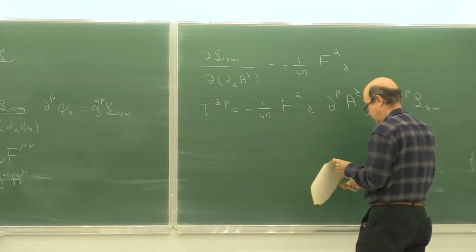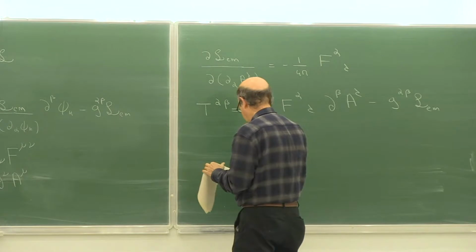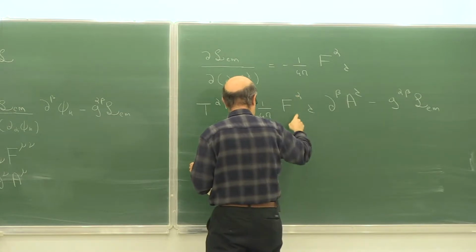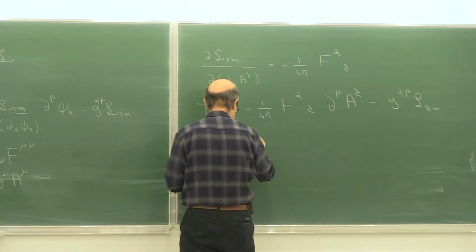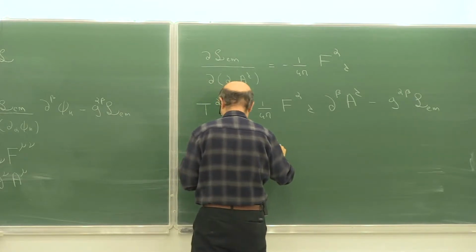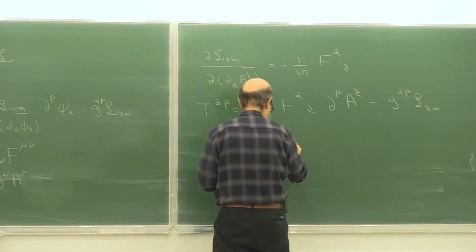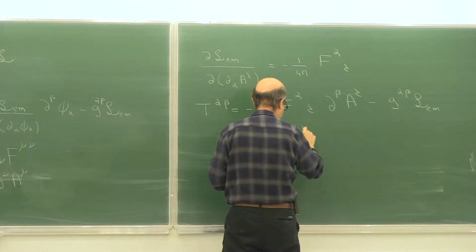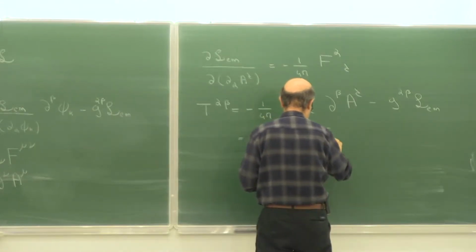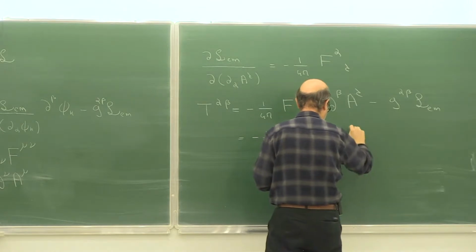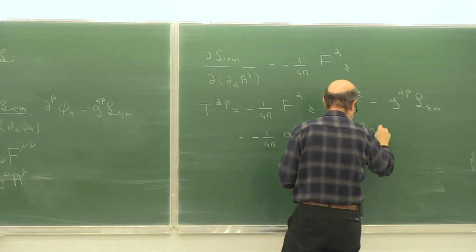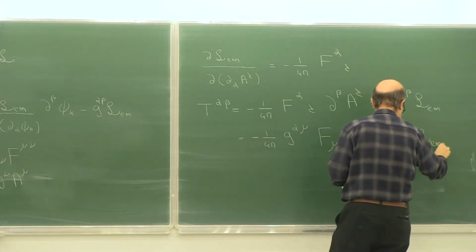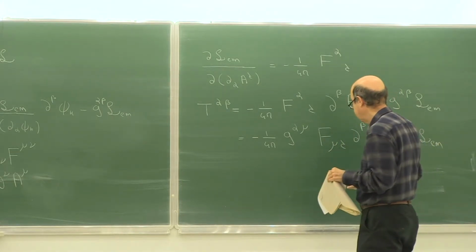You can arrange the indices and make this a downstairs index using the metric tensor: 1 over minus 4 pi g lambda mu F mu lambda del beta A lambda, minus g alpha beta times the Lagrangian density of the electromagnetic field.